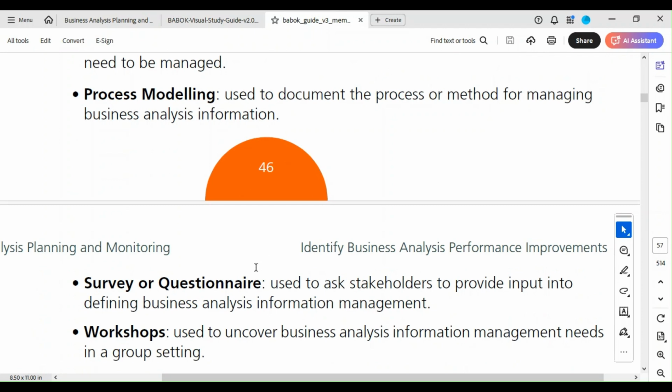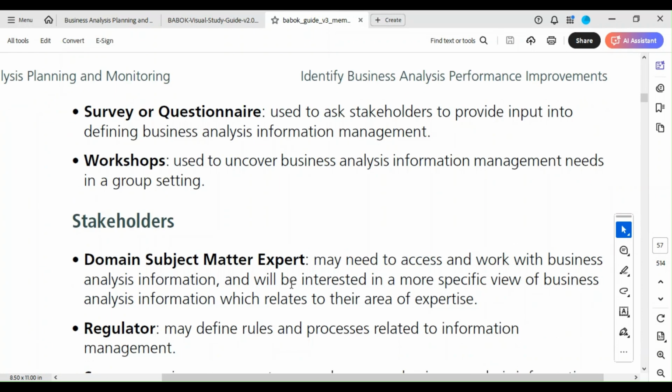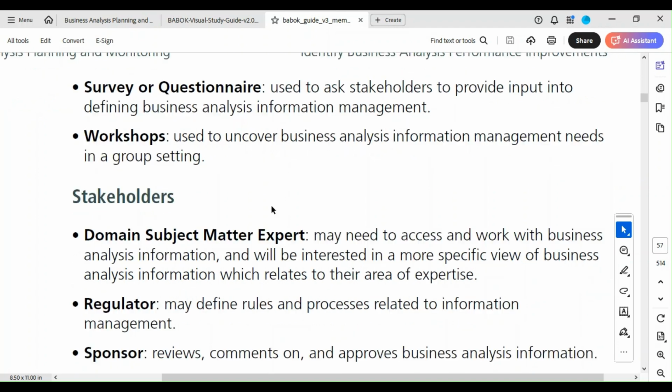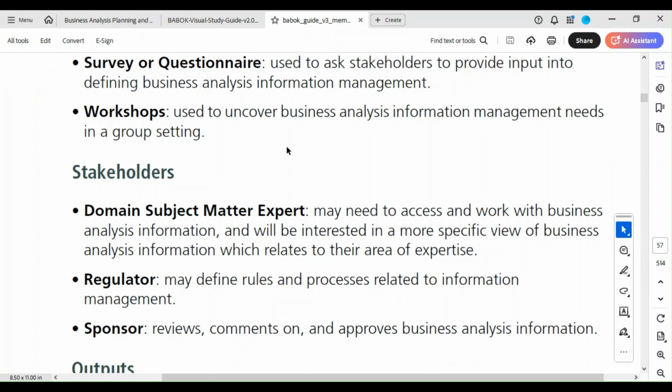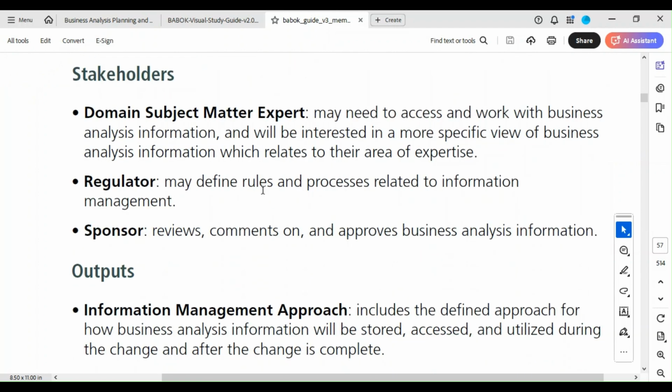Process modeling, used to document the process or method for managing business analysis information. Surveys or questionnaires, when there are too many people to go to one-on-one or have on the call at the same time, used to ask stakeholders to provide input into defining business analysis information management. Workshops, used to uncover business analysis information management needs in a group setting.